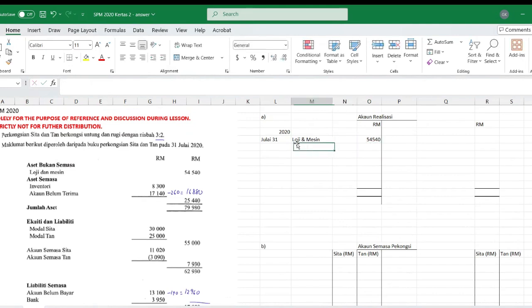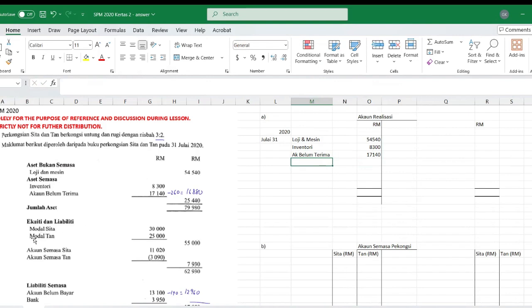Same for the other assets, inventory. Account belum terima. Okay. Then we get this ready.